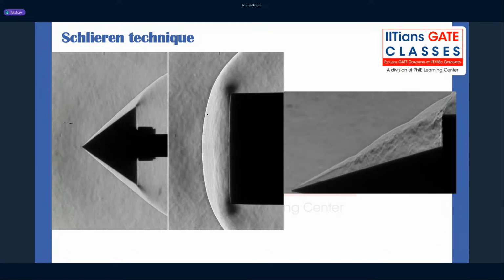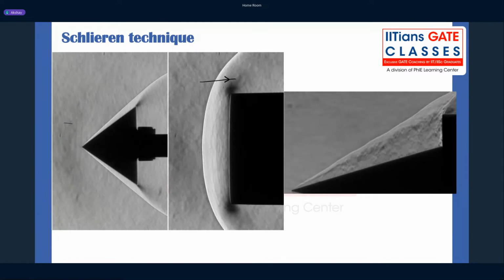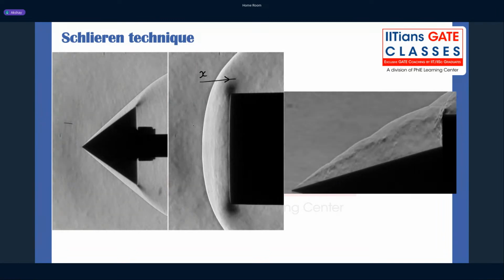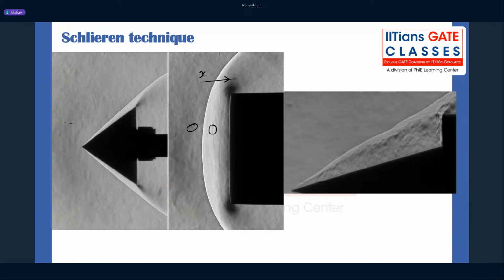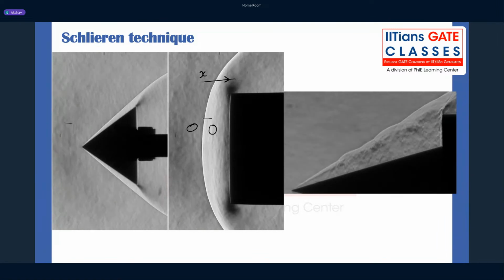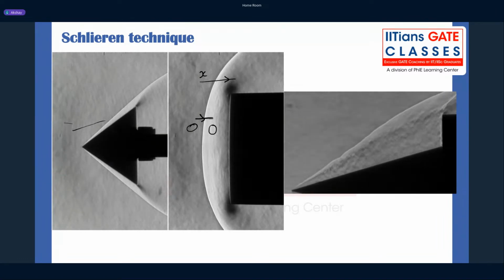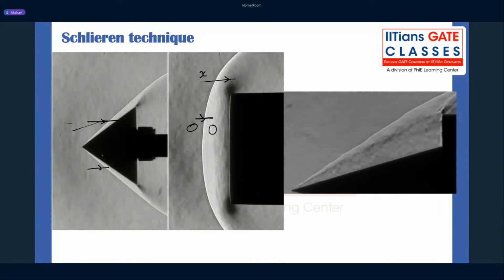In this case my density gradients are in this direction. This is how my setup is, in the x direction. That is why you see the light region to bright region change in this direction. Here also I am setting this up in the x direction. The sensitivity is in the x direction.